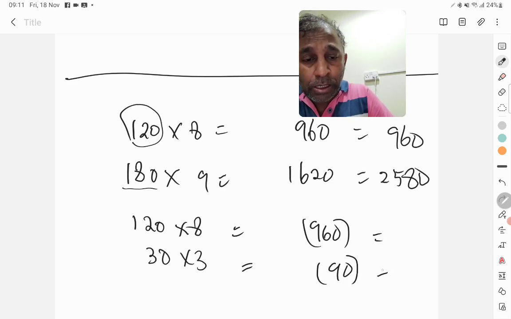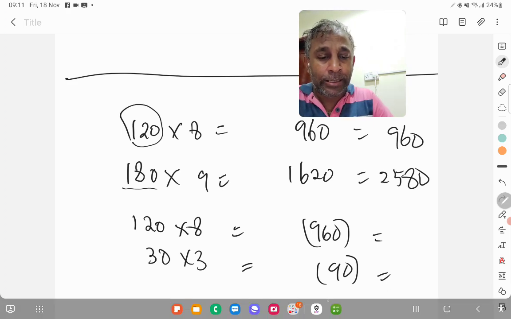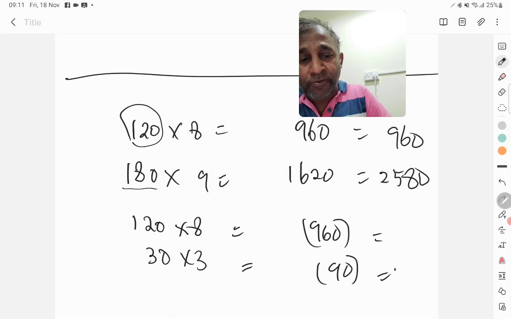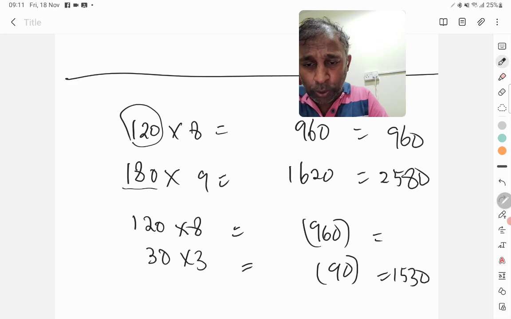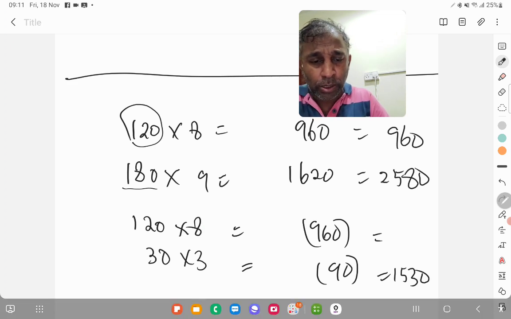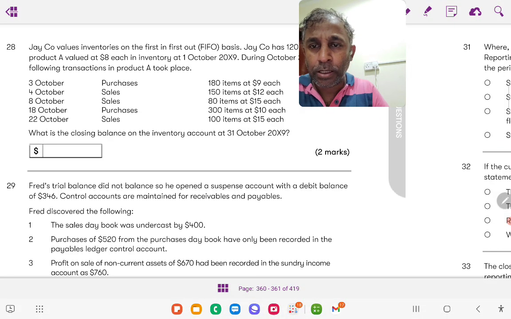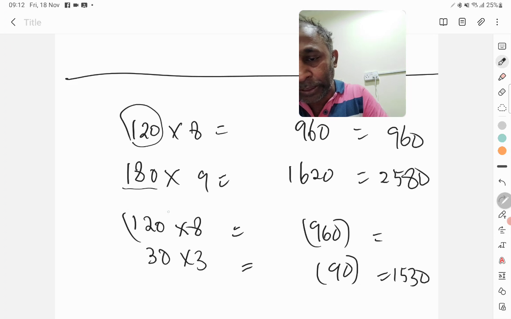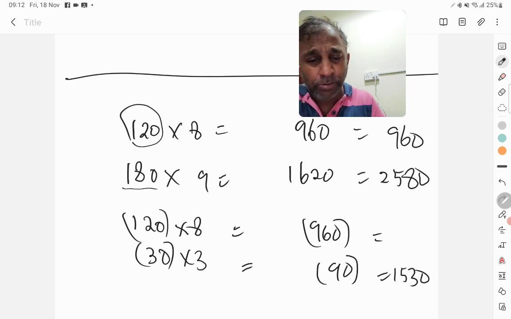So 2580 minus 960 minus 90, 1530 is the closing balance. This 150 items, yes, 150 items. So that's gone.